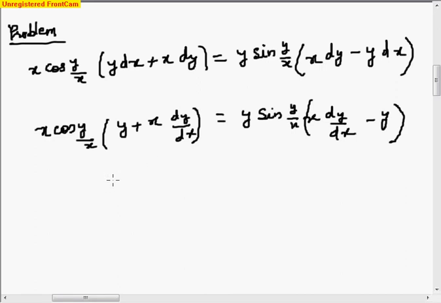Now I'll collect the coefficient terms of dy by dx on one side, right? So what I will get is x square, okay, this is xy cos of y upon x, the first term, and the first term from here, minus xy, minus the second term from this thing, plus y square sin of y upon x is equal to, on right hand side I'll collect the terms which contain dy by dx.